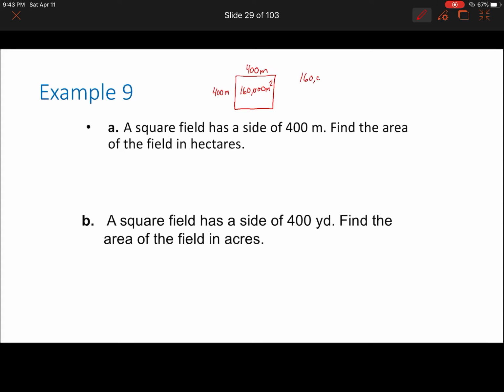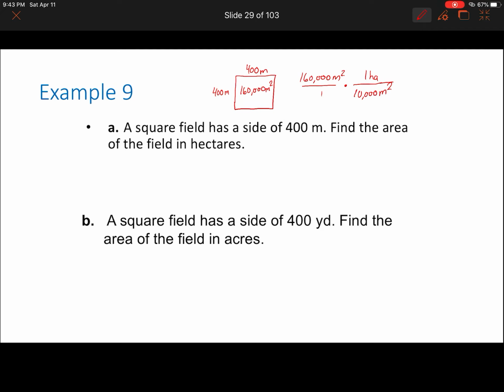And so we need to take 160,000 meters squared and convert that to hectares, because 1 hectare is 10,000 meters squared.